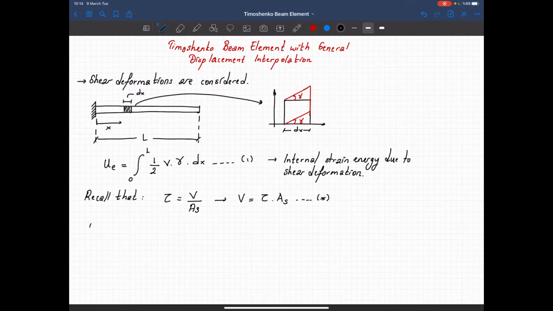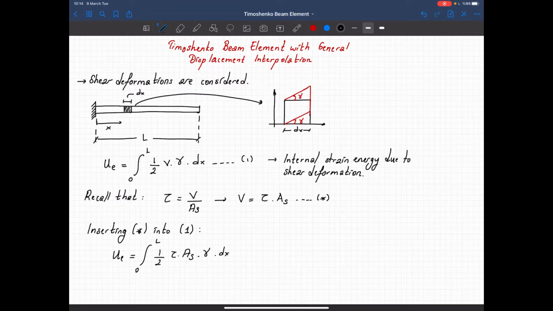So inserting star into equation 1, we get the following expression: U_E is equal to, from 0 to L, 1/2 shear stress multiplied by the effective shear area multiplied by the shear strain times dx.